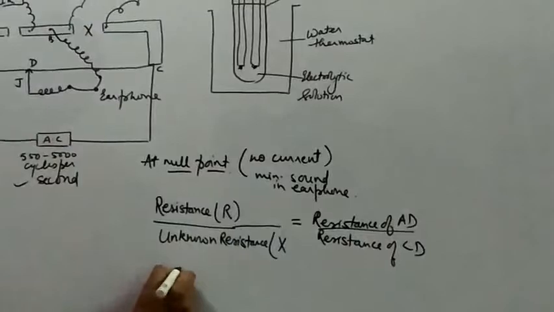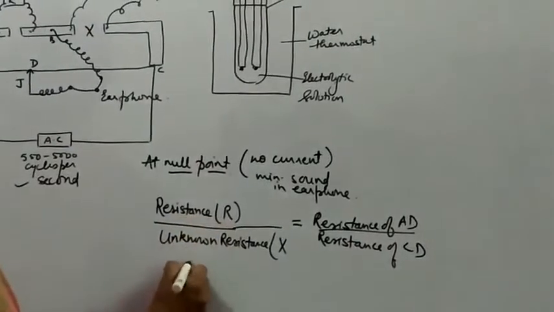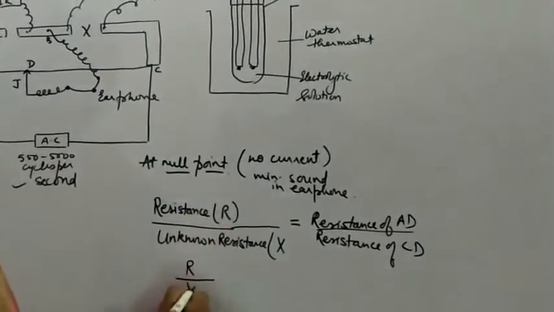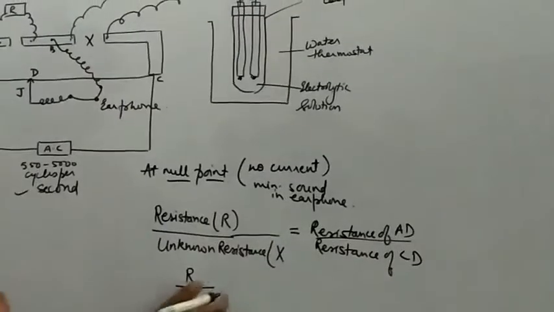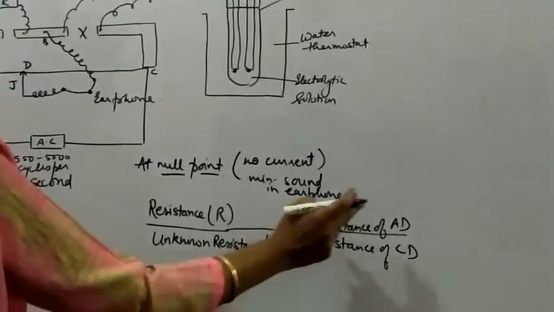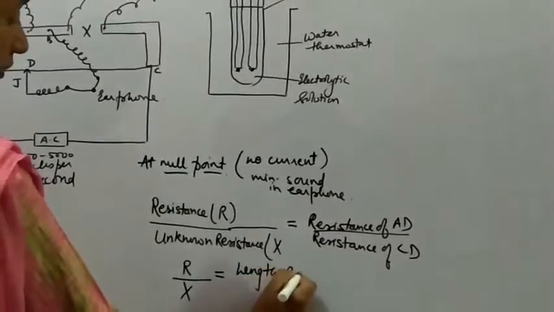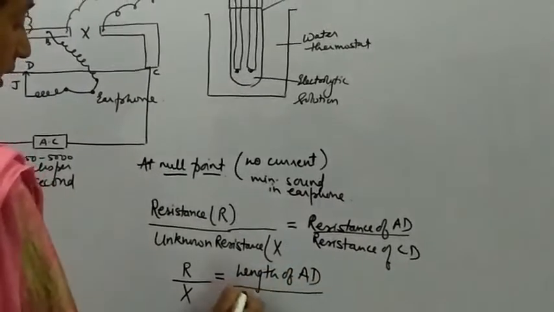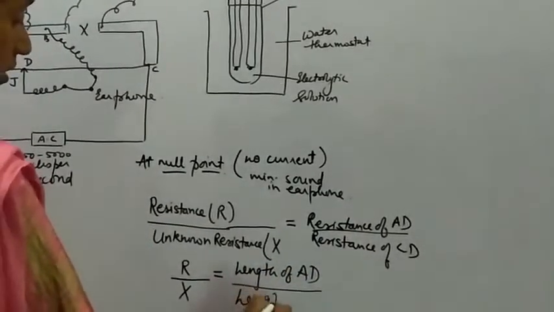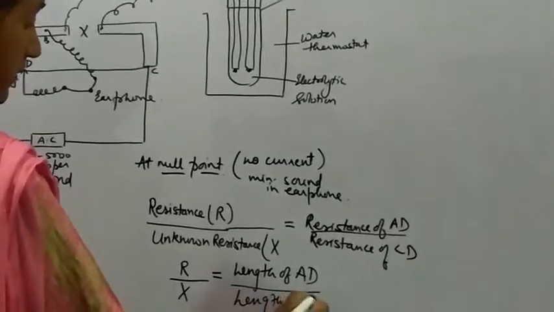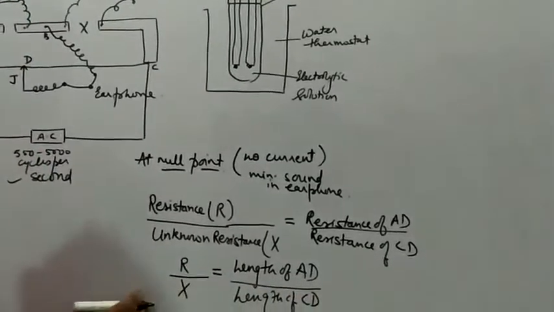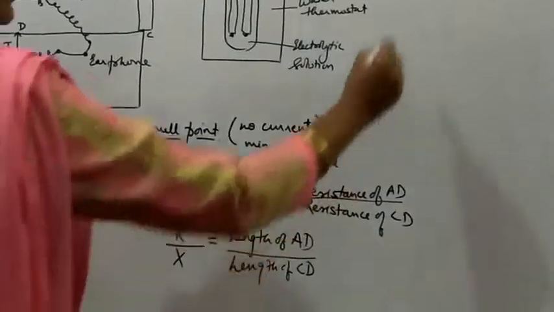Here we are putting in R, so we will know this value. This is the X here whose value is to be calculated. Now the resistance of AD is actually proportional to the length of AD, and here it is the length of CD.